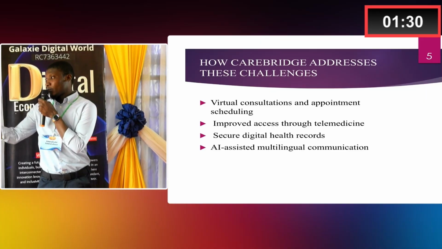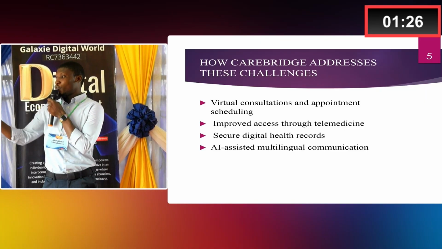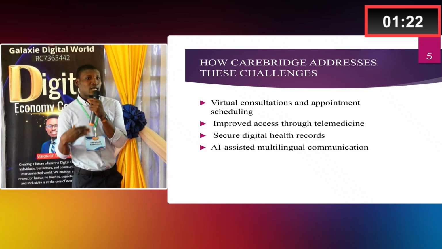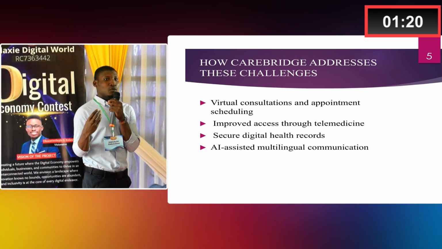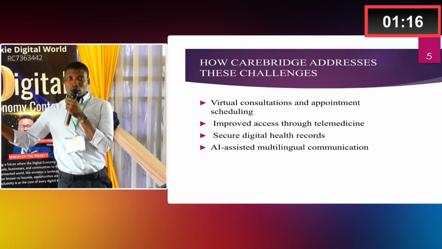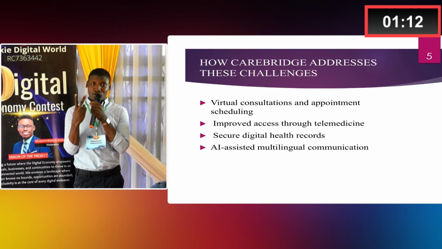Then the second solution, addressing the second problem, is improved access through telemedicine. People in remote areas can now have access to healthcare workers remotely through the virtual app. I remember I said there are two types of people.